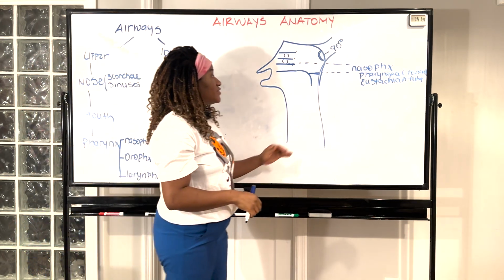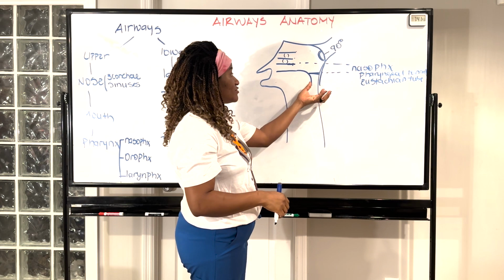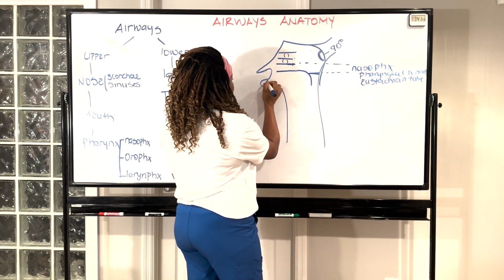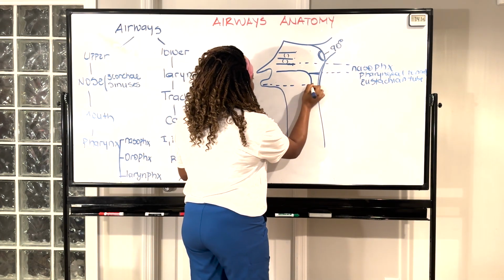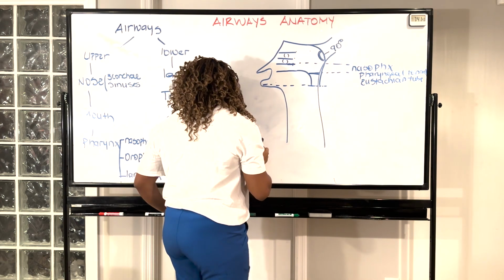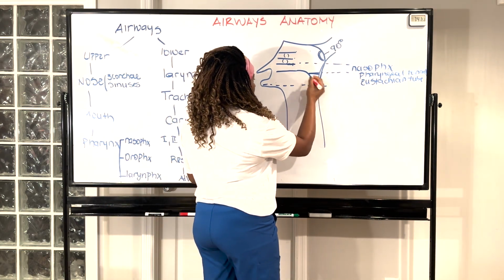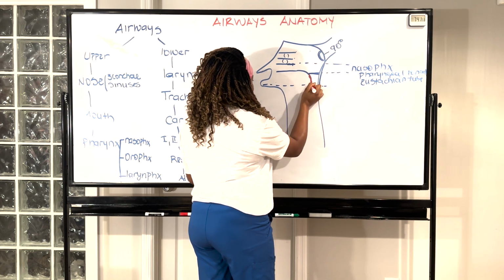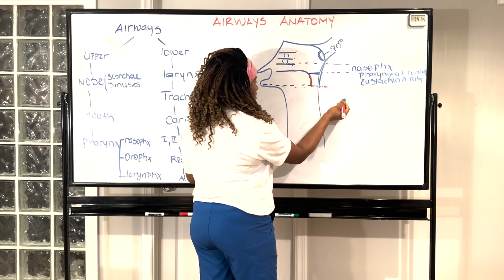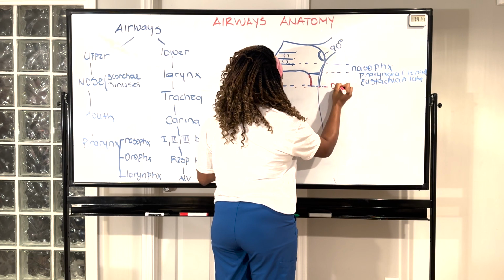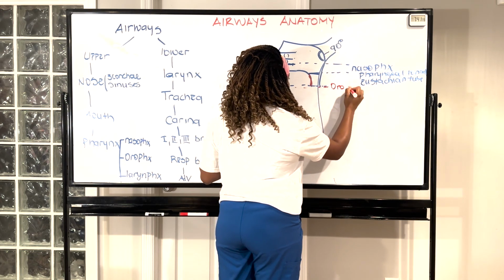So the oropharynx is going to continue from your nasopharynx until the base of your tongue, until here. Let me use a different color. So from the soft palate to the base of your tongue is going to be your oropharynx.